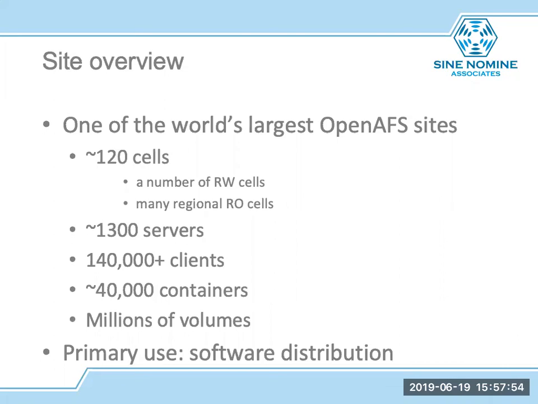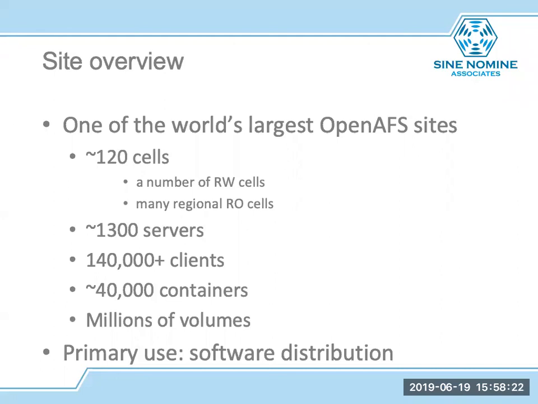So the growth of that was starting to have severe impact on performance of the entire cell at certain peak times. And it was determined that VLserver was the bottleneck.